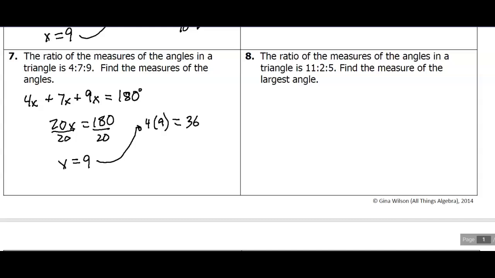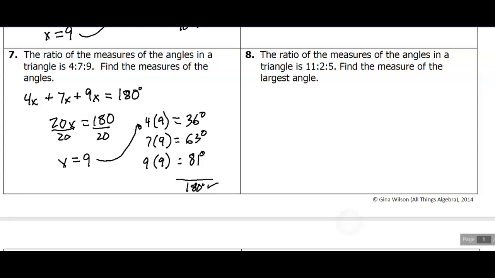That's going to be 36 degrees. I have 7 times 9. That's 63 degrees. And I have 9 times 9, which is going to be 81 degrees. And again, if I want to check, these should add up to 180. So if I add these up, I in fact get 180 degrees. So I know that my answer checks out.